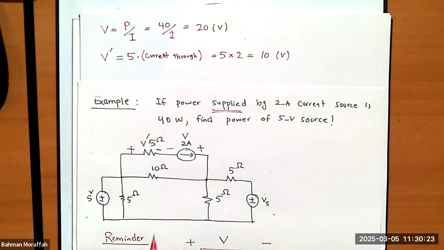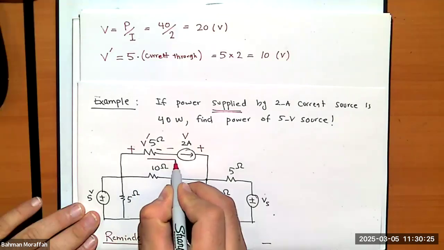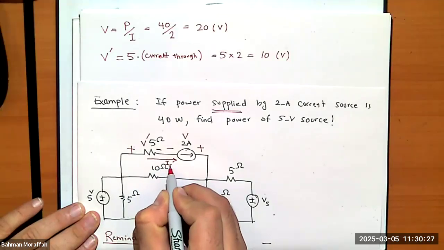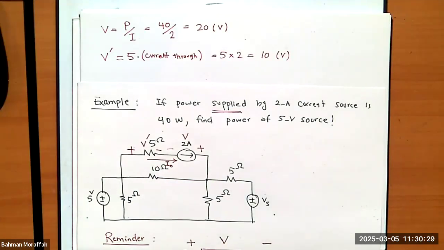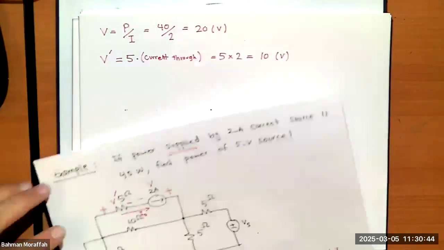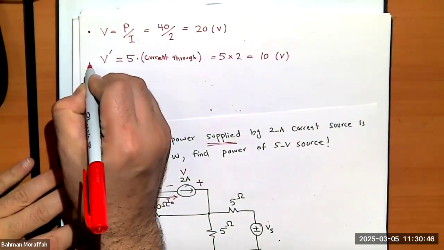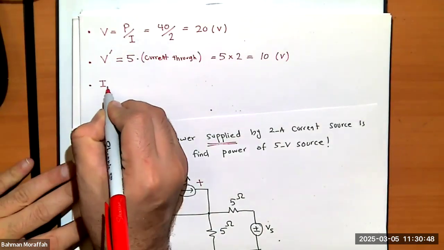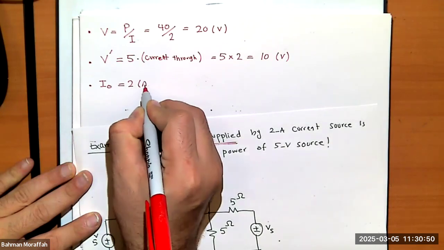I'm going to call current through here I naught. What is I naught? That's 2 milliamps, right? If I look at the top loop, the current is 2 milliamps, right? So another thing we know is that I naught is 2 amps.